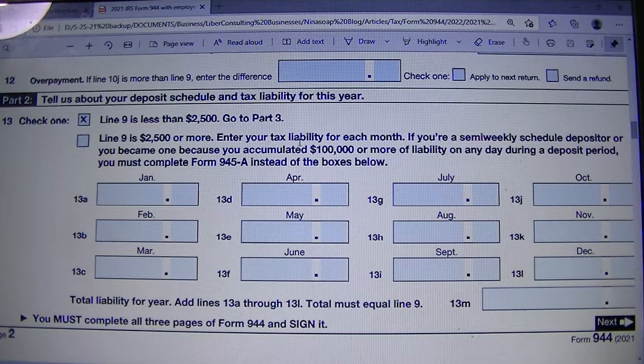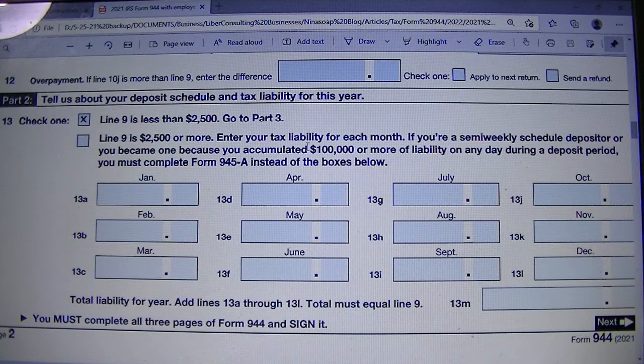And tax liability is pretty much the employee federal income tax withheld, employee social security tax withheld, employee Medicare tax withheld, employer social security tax, employer Medicare tax.